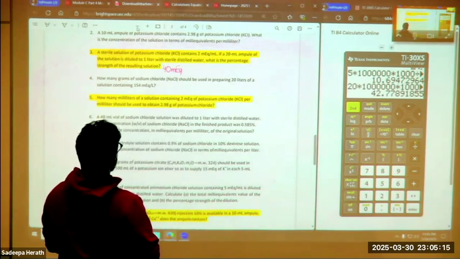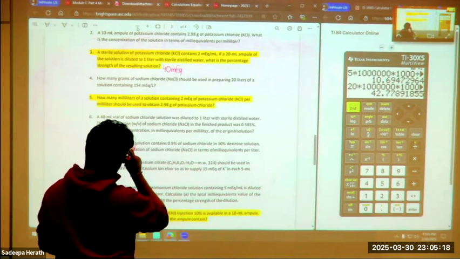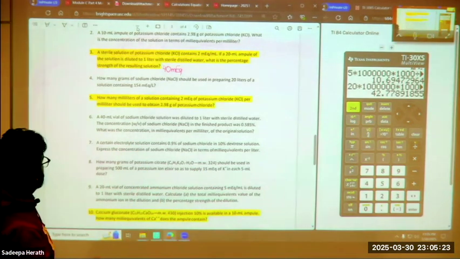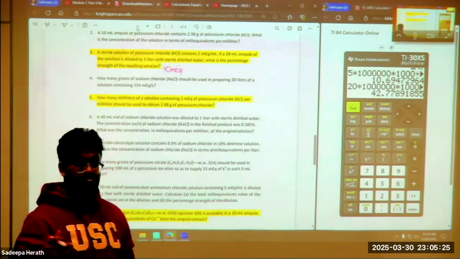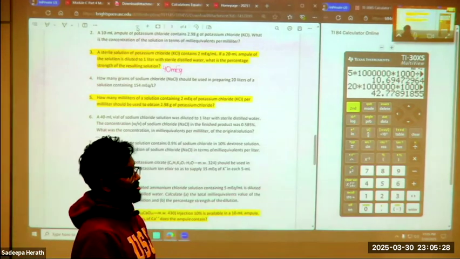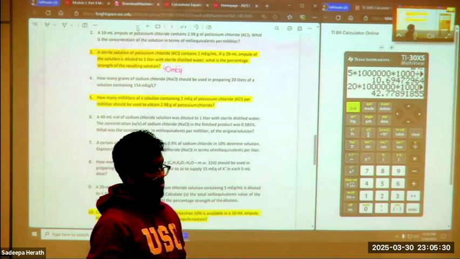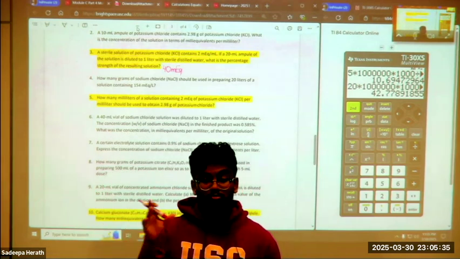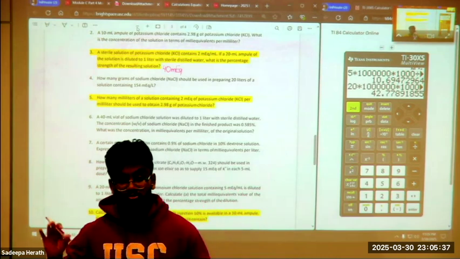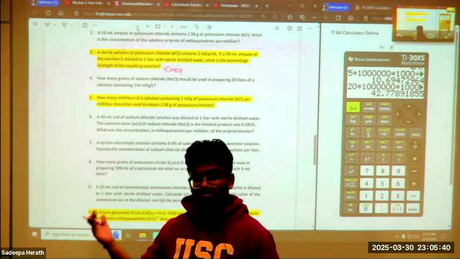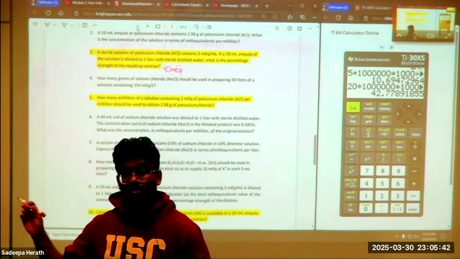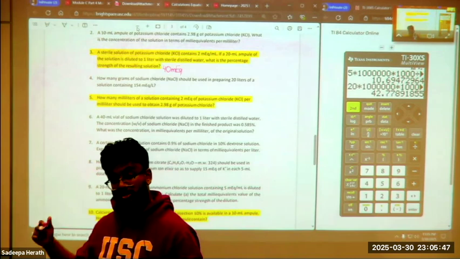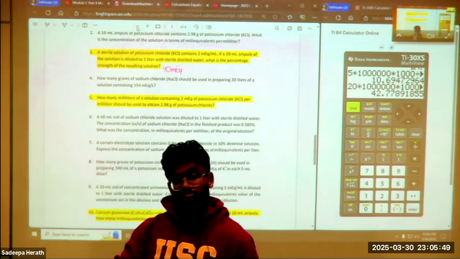All right, so to go from MEQ to grams, because percent strength includes grams per ml, we need to go back. We need to look at that structure I mentioned about going from grams to the middleman, moles, to particles, or MEQs. So now we're just going backwards. We go from milliequivalents to millimoles, then to moles, and then to grams.